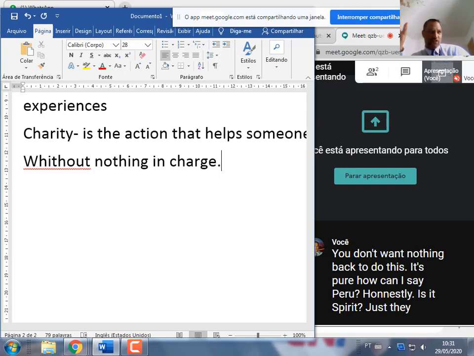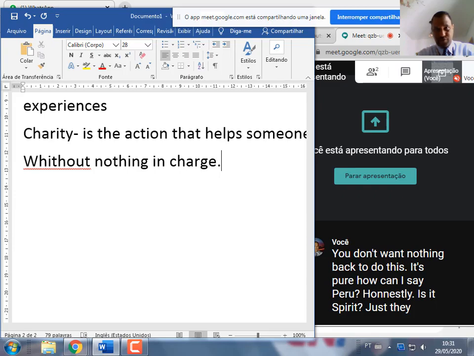So to design is to put something in order to serve a purpose, graphic most of the time. Design is a regular verb too, so you have to put ed at the end of it. Designed.